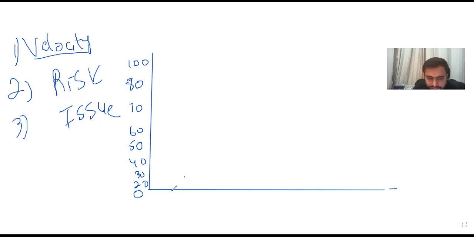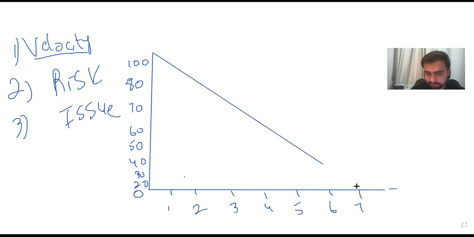So we can say day one, day two, day three, day four, day five, day six, day seven. And our ideal chart which the team made was this, that we will complete all the story points by the end of day 7. That's an ideal burn down chart.